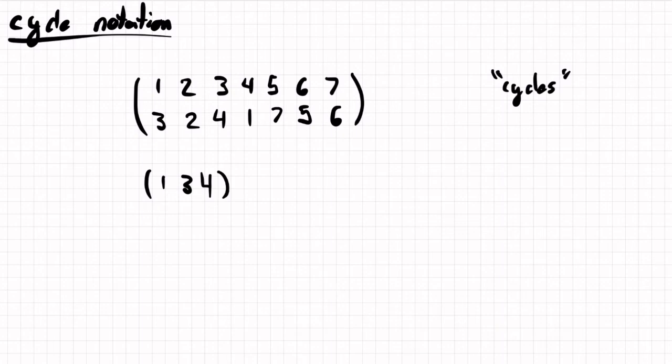So now I'll look at, let's see, we have 2 goes to 2, 2 goes to 2, so that's just its own cycle. And then I have 5 goes to 7, 7 goes to 6, which goes back to 5.